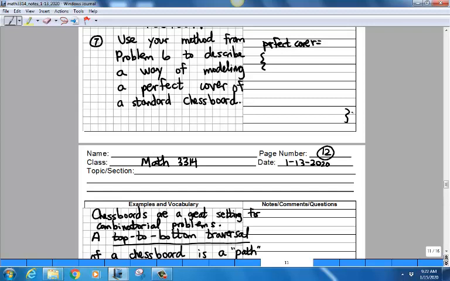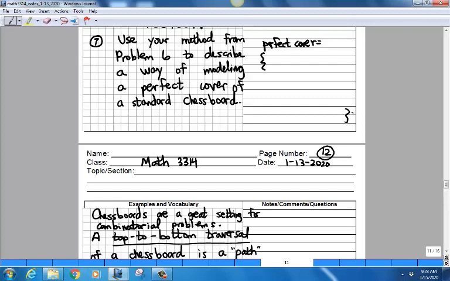Okay, can somebody describe for me a method for writing down a perfect cover? Catherine, can you? A pair of pairs. Is that what you said? Oh, okay.